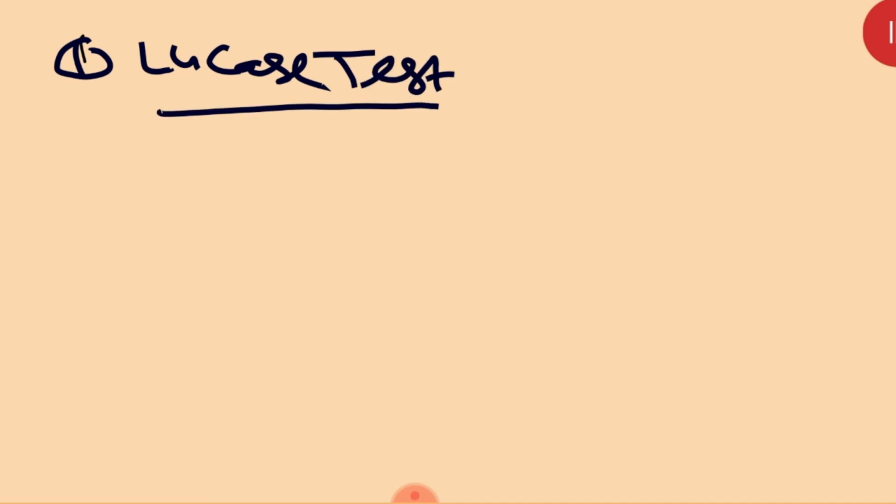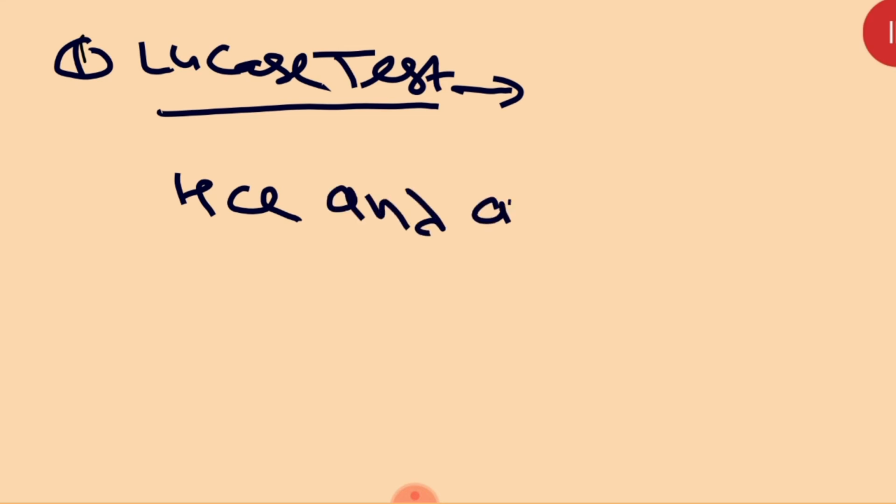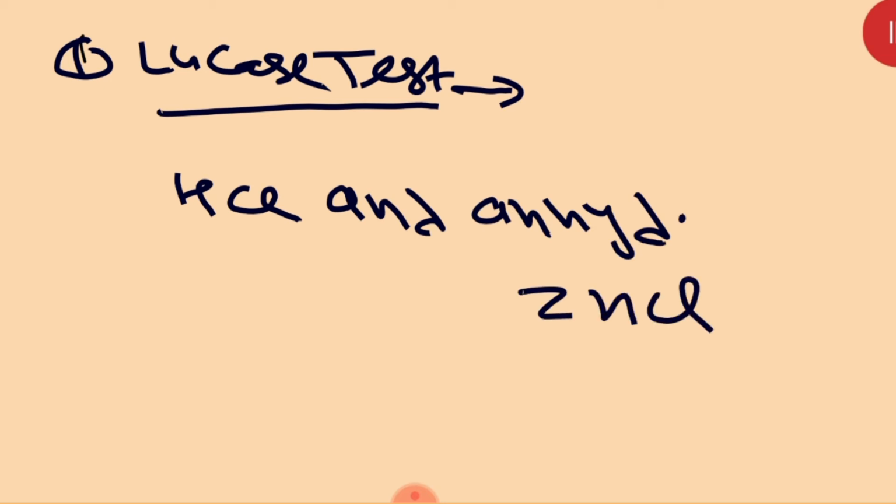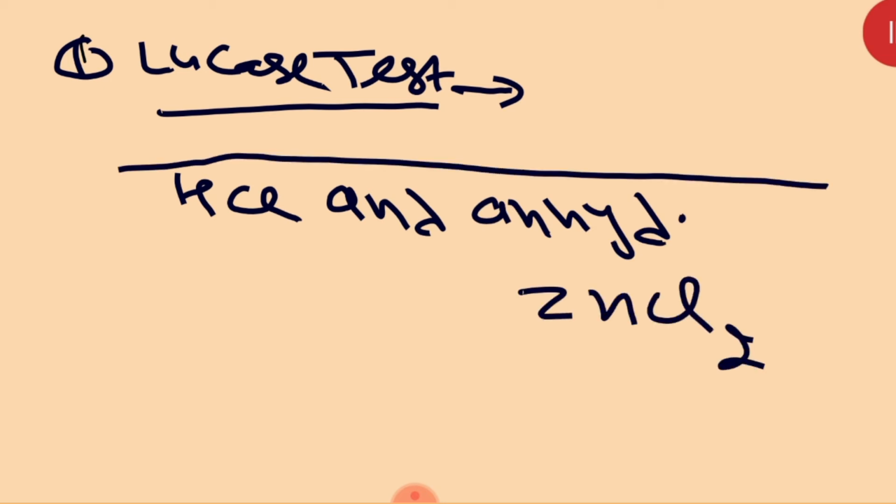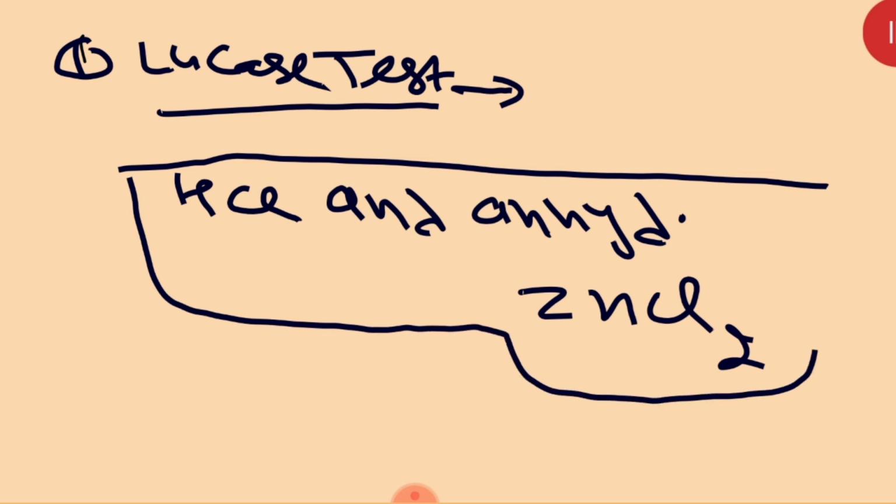What test is here, beta? Lucas test. And beta, in the Lucas test, just remember one thing. First of all, what is the Lucas reagent? Lucas reagent is an equimolar mixture of HCl and anhydrous ZnCl2.